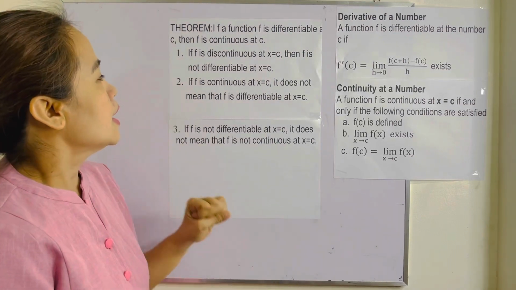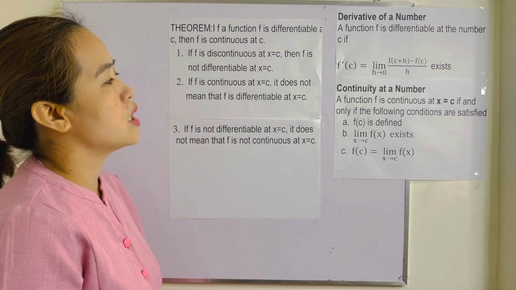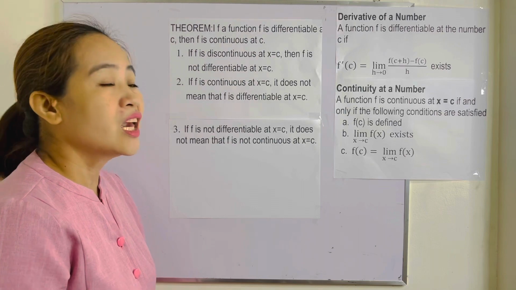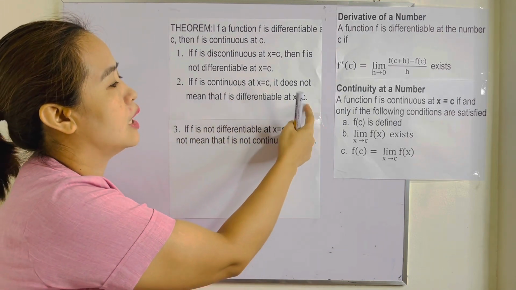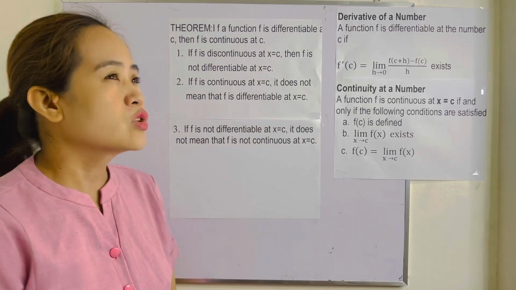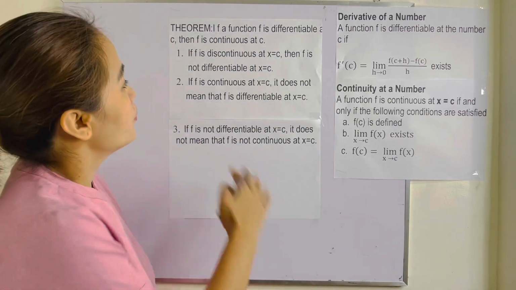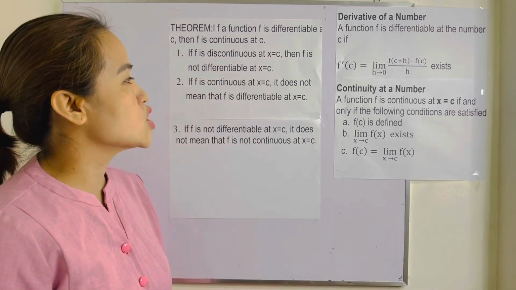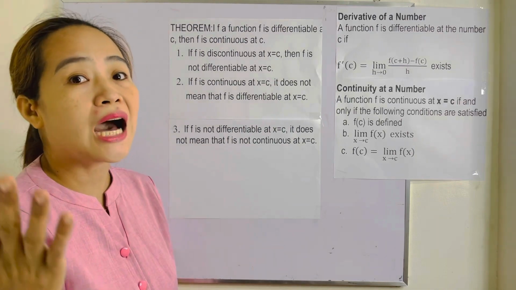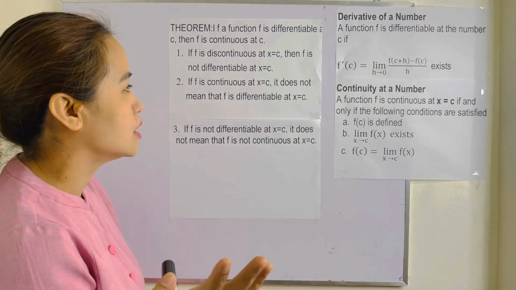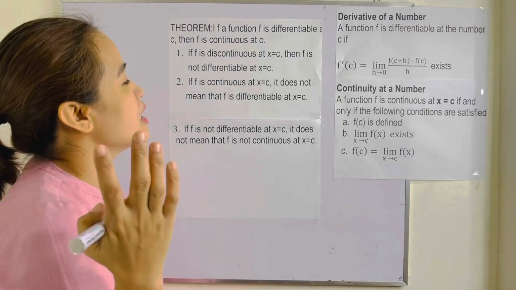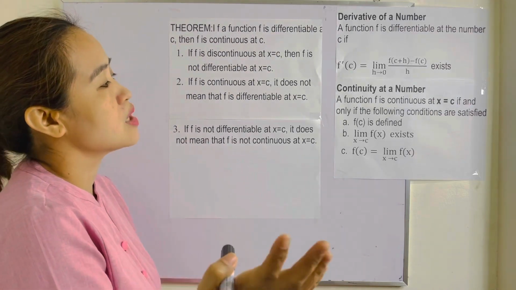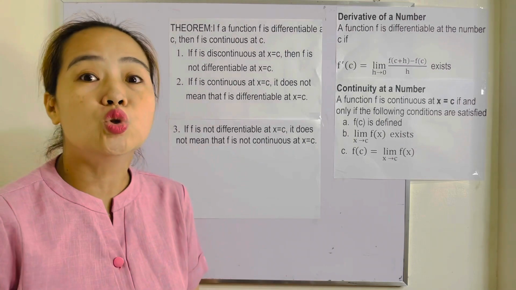Number 2, if f is continuous at x equal to c, it does not mean that f is differentiable at x equal to c. That means if a given function is continuous at a given point, it doesn't necessarily mean that it is differentiable at x equal to c.